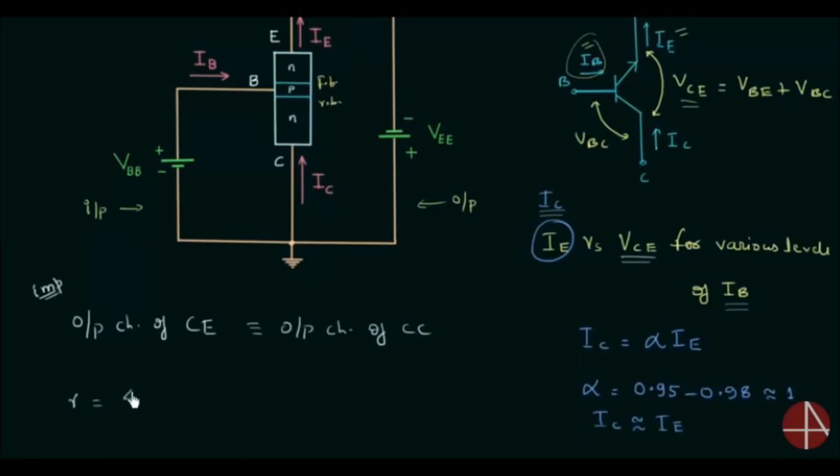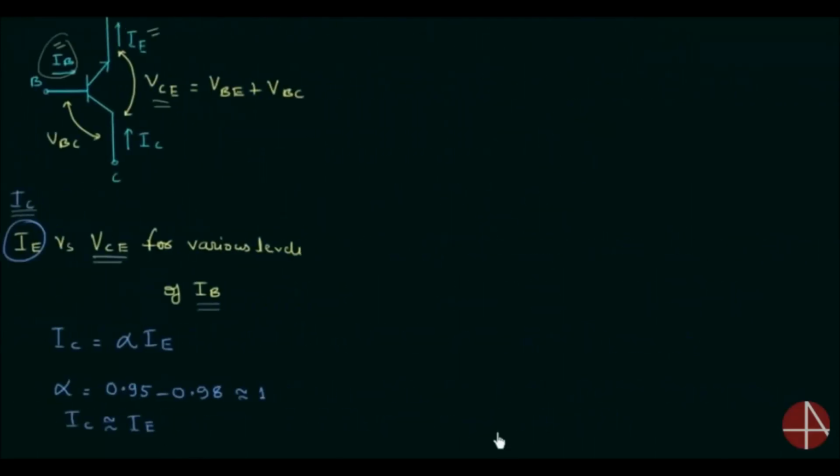It is equal to ratio of change in emitter current, the output current, to the change in base current, the input current. We already know the emitter current IE is equal to the collector current plus the base current, and the collector current IC is equal to alpha times IE plus ICBO.